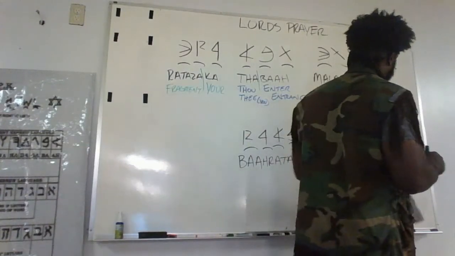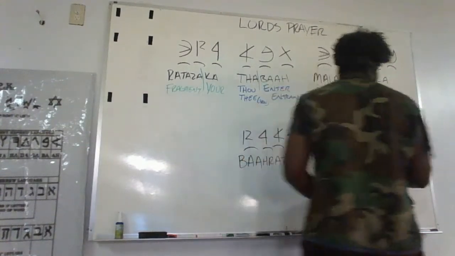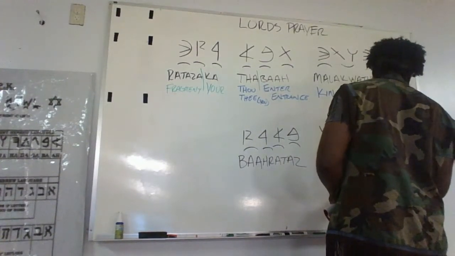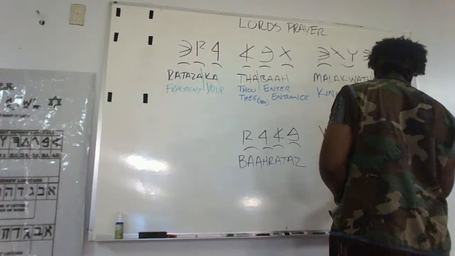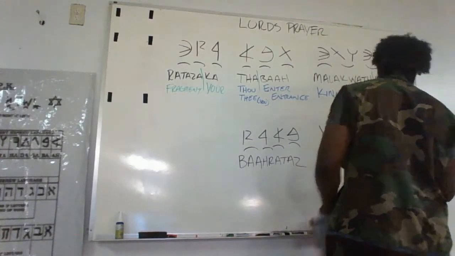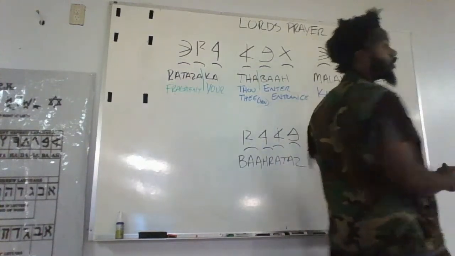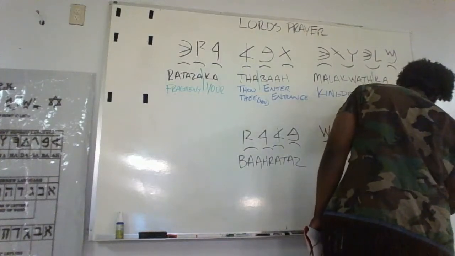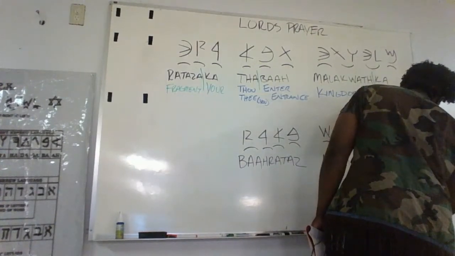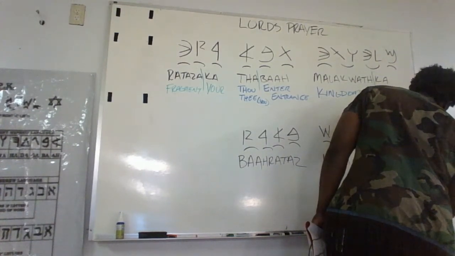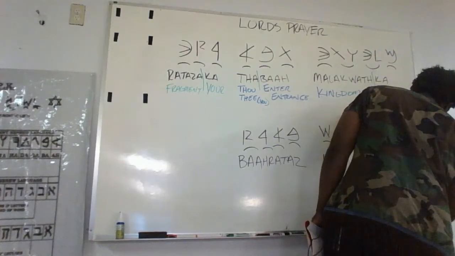All right. Hayah. We've already broken down this word. What does this word mean? What does ha mean? The. T-H-E. What is Yah? Proper name. Third person. I'm saying referencing who we're talking to, the Most High.